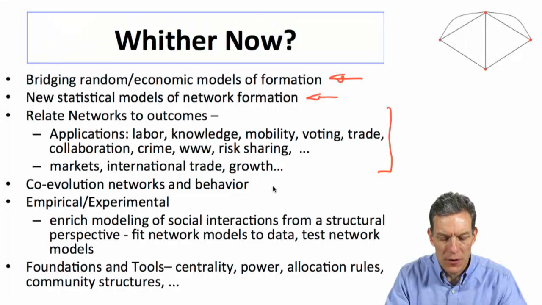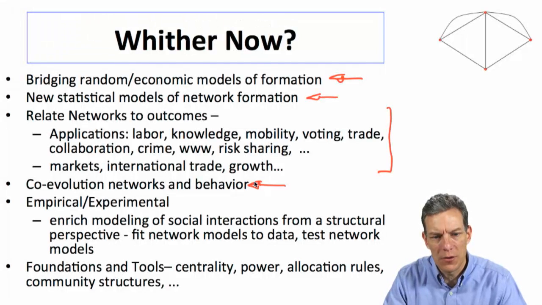Again, in terms of understanding these formation things, co-evolving behavior and networks is going to be critical. And in terms of empirical and experimental, when we're working with models, that gives us more of a feeling for what should be going on in different empirical applications. So having structural models that we can take to data is important, and so building these sets of models is important.